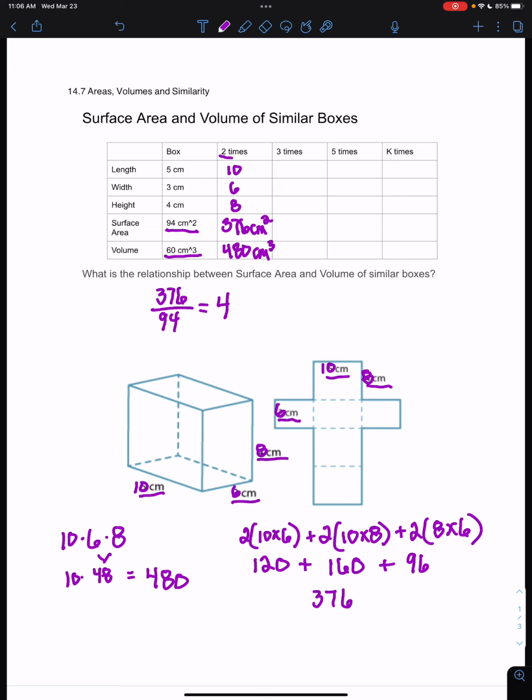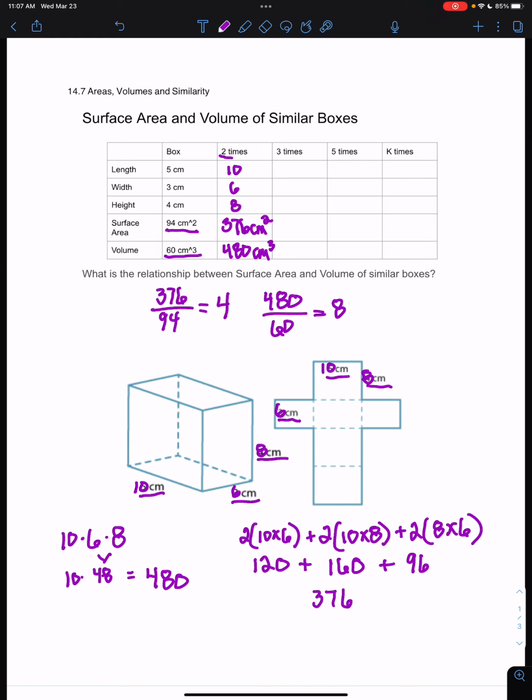If we did 60 times our scale factor of 2, we would expect to get 120, but instead we're getting 480. So let's see what that difference is. 480 divided by 60 gives us a scale factor of 8. Wow. So instead of a scale factor of 2, for surface area we have 4, and for volume we have 8.